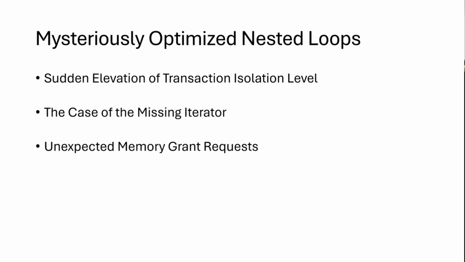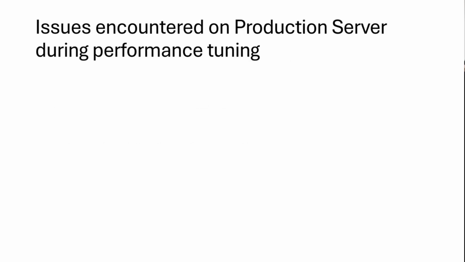The first topic will be related to one issue on our production server. The second will be a different one, but it also happened on our production server. So both are real-life examples. Let's talk about issues I encountered on the production server during performance tuning.